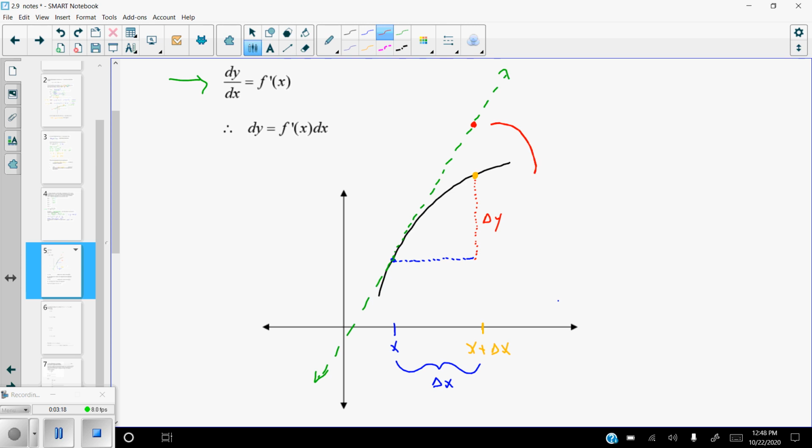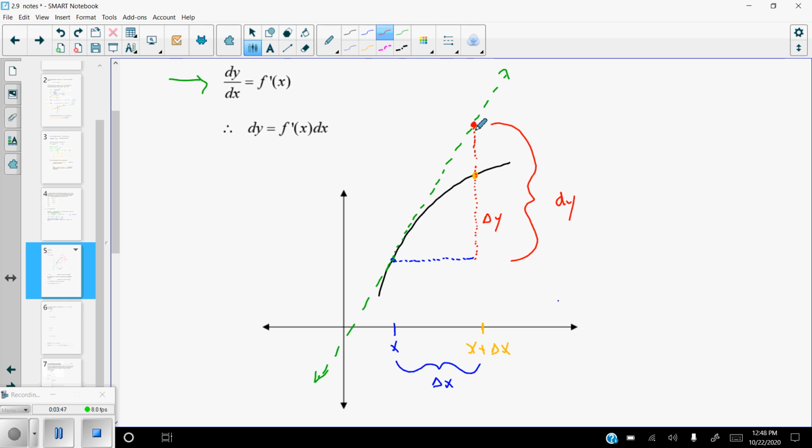So from the blue point up to that point, that change is what is called dy. That is what is known as the differential. So it's actually a change in the approximated y value from the function to the tangent line approximation.